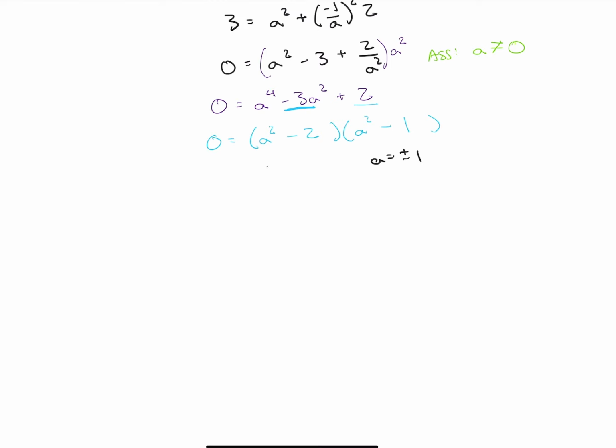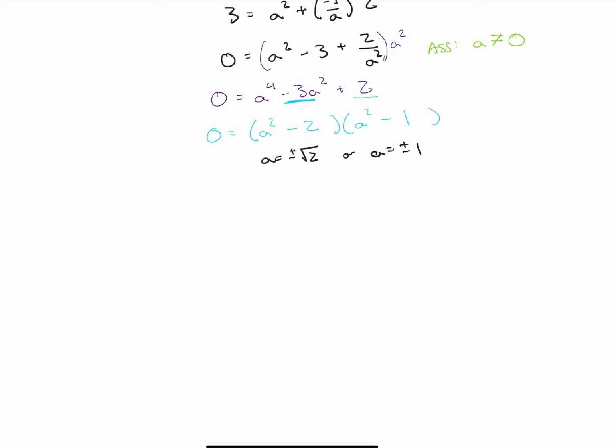Or we have a is equal to plus or minus square root of 2. Okay, so we have a and b. So a can be 1, negative 1, root 2, or negative root 2.